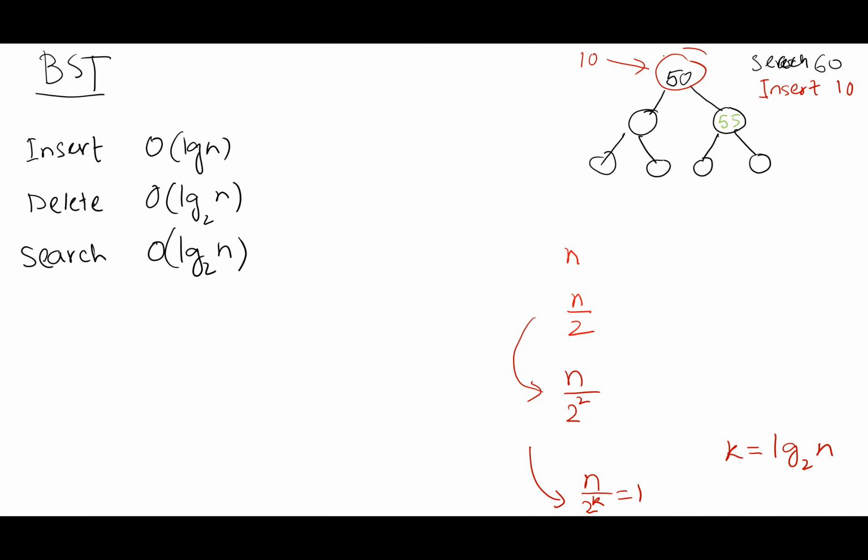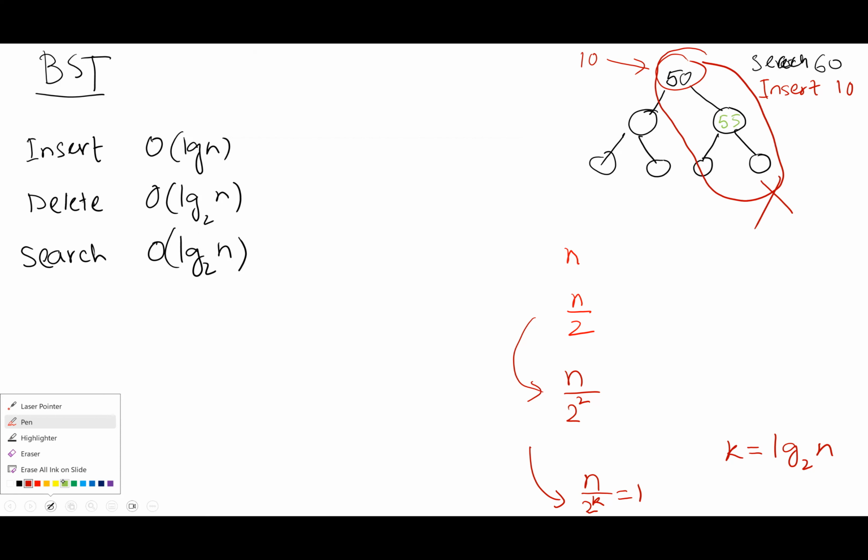So I can immediately remove this portion, there is no chance 10 is going here. 10 will go somewhere here. So even for insert, I am reducing my space by half every time. So insert also becomes order of log n.